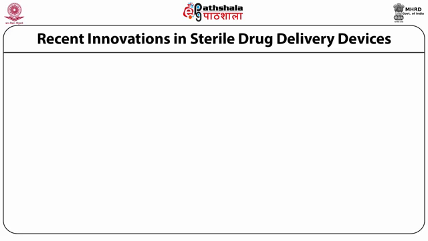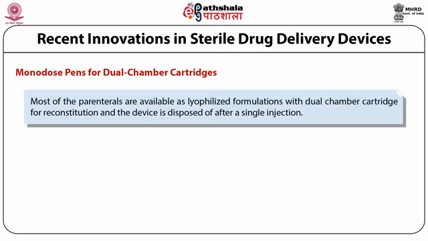The next one is the monodose pens for dual chamber cartridges. Most parenterals are available as lyophilized formulations with dual chamber cartridges for reconstitution, and the device is disposed of after a single injection.